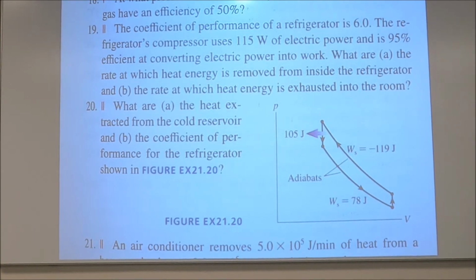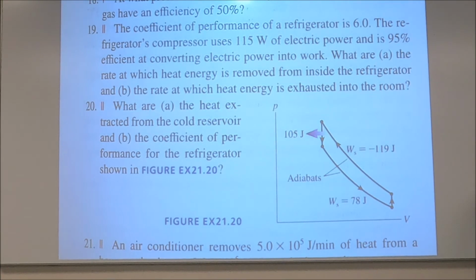And then we know that the efficiency of converting electric power into work is 95%. So we have 95% for compressor.